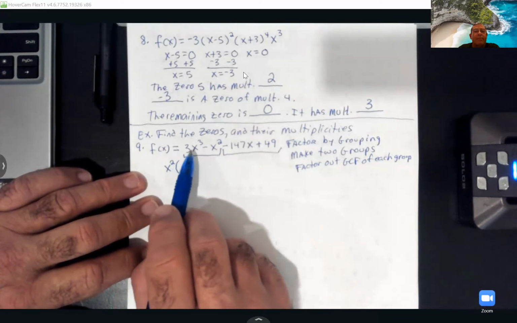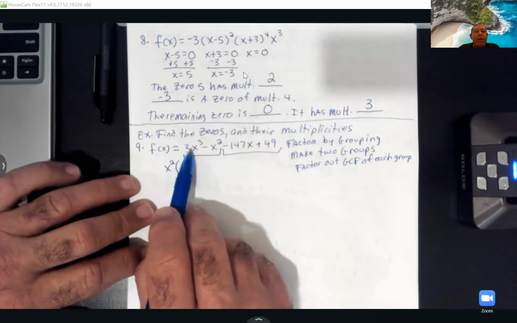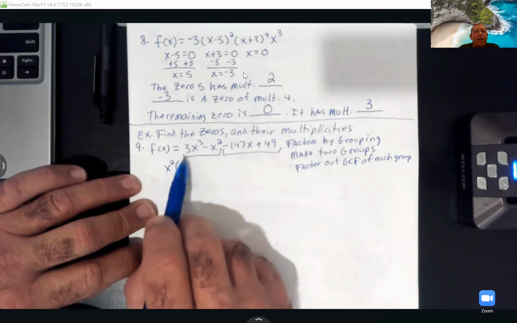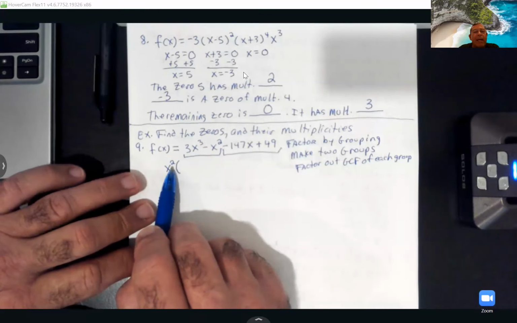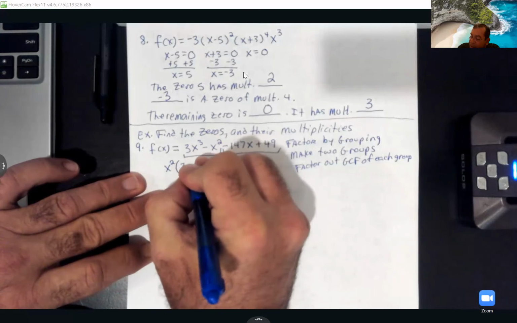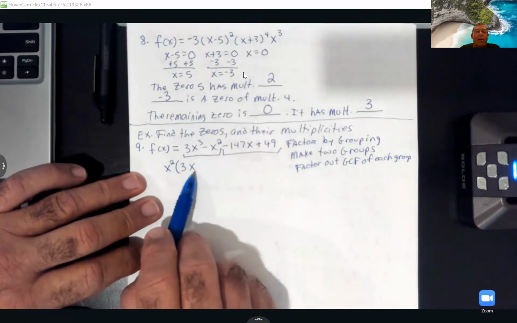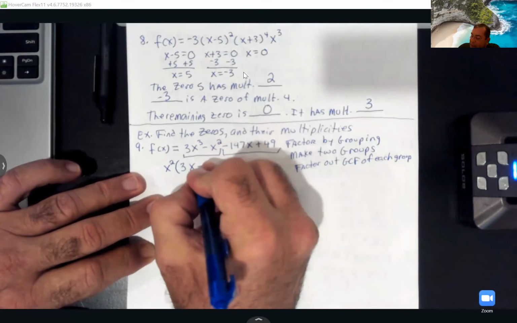Now, we got to figure out what's going into parentheses. So if you have a 3x to the third and you take out 2 of those x's, that's just going to leave you a 3x. So 3 x's, take out 2, left me 1 x. And then that's minus.